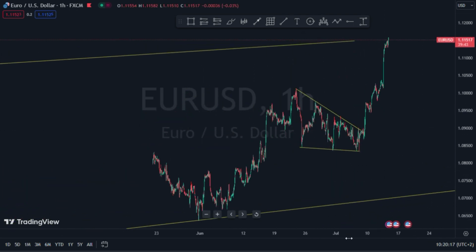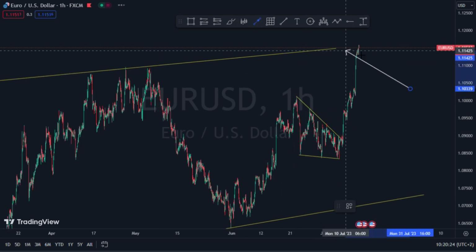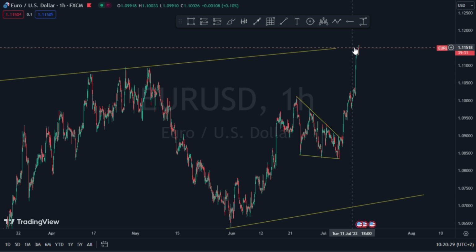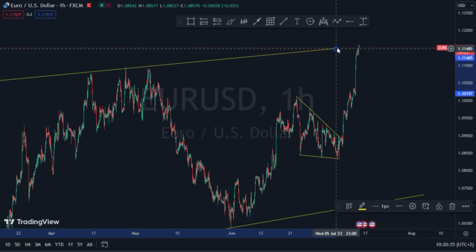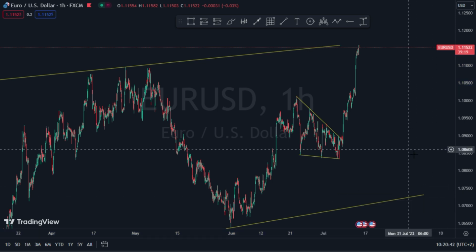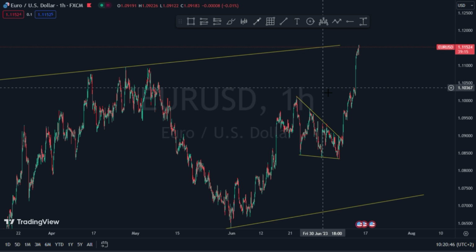As I said before, what we want to do is to pay attention to what the market is trying to do right here, because the market is at those levels where there is a high probability for the market to reverse, or for the market to present us with those continuation patterns when the market starts rejecting at those levels.